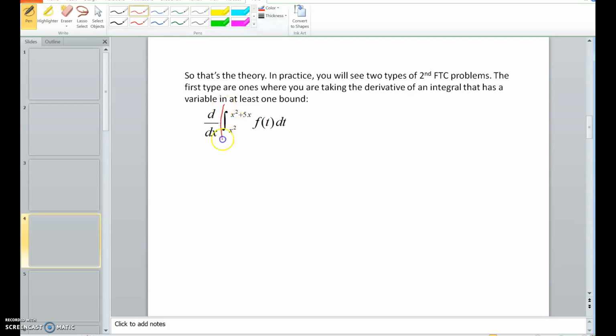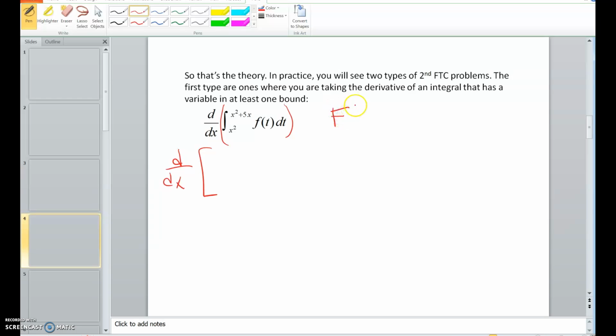So what I'm going to do is imagine integrating this thing, and then I'm going to take the derivative of that. If I integrate this, I don't know what the equation is for little f, so I also obviously don't know what the equation for the antiderivative of little f is, but let's imagine it exists.